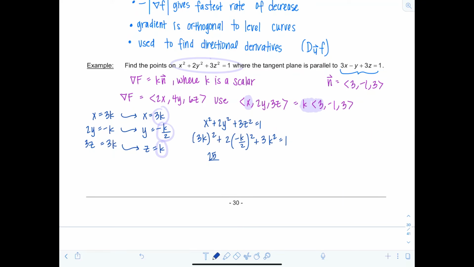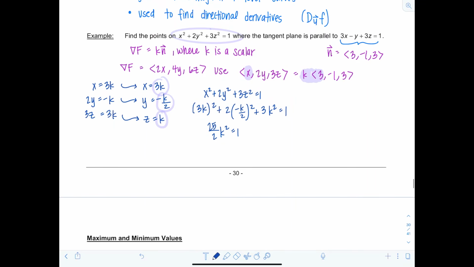No, excuse me, I have 9k squared. That one's going to be a half and then just a 3, right? So 25/2 k squared equals 1, which means that k squared equals 2 over 25. So k equals plus or minus rad 2 over 5.